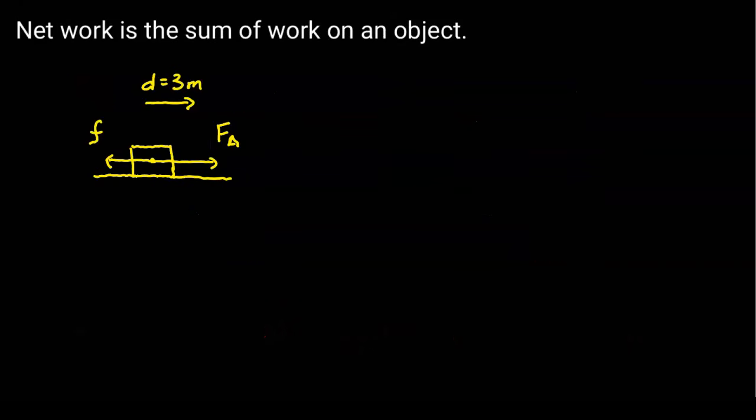Sometimes there is more than one force acting on our system, and each of those forces can be doing work on the system, and the sum of that work is our net work. Here in our example, we have an applied force to the right and a friction to the left, and this box has a displacement of 3 meters to the right. To calculate the net work, we can calculate the work for each of the individual forces and add them up, or we can use the net force times the displacement times cosine theta.